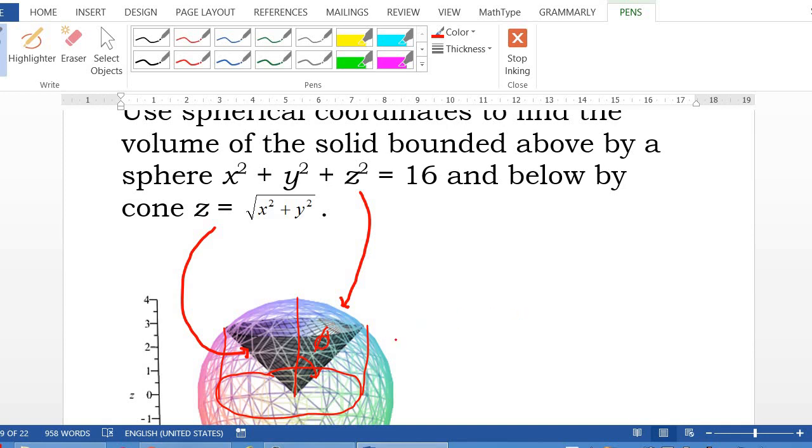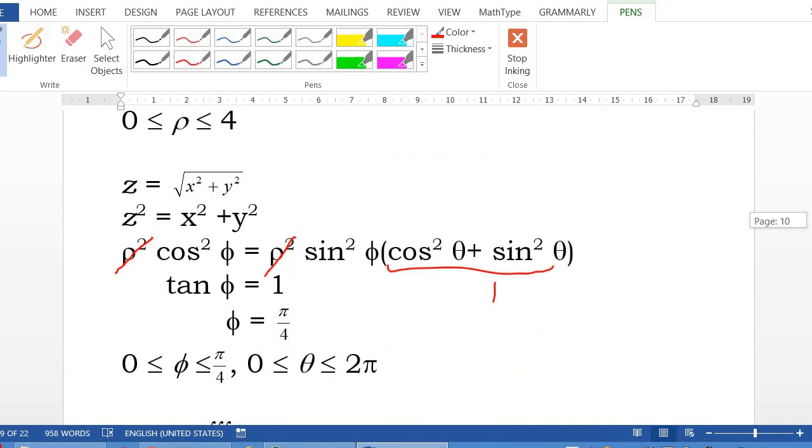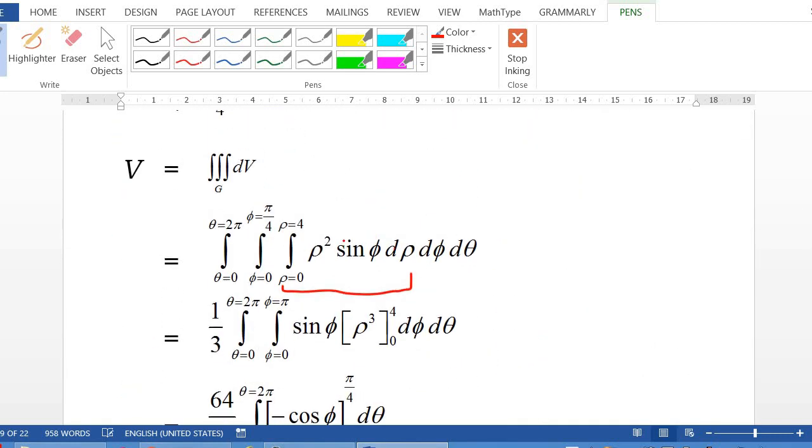We want to find the volume, and we notice that this solid is parallel with the z-axis. In this case we use spherical coordinates, so dV is rho squared sin phi d rho d phi d theta. Then you need the limits for rho, phi, and theta.